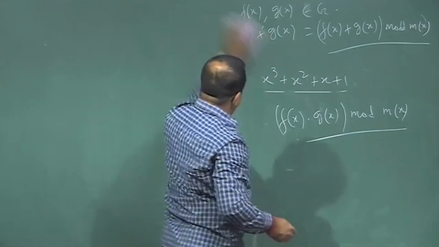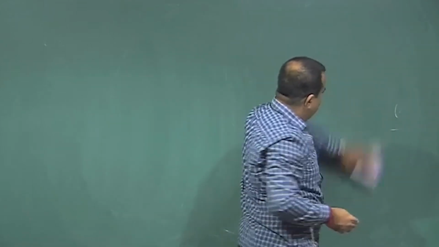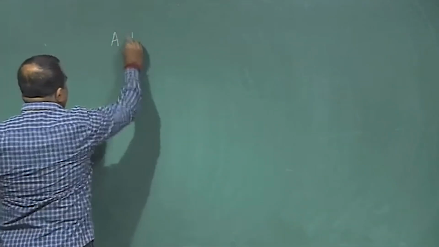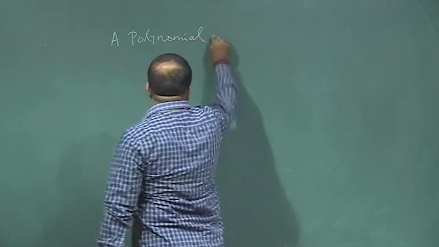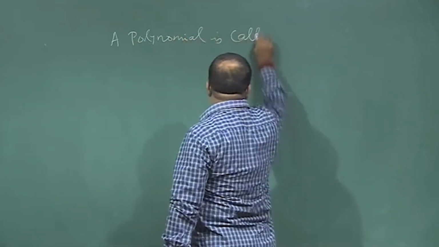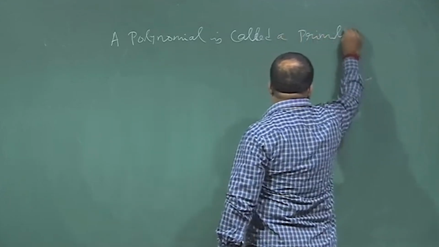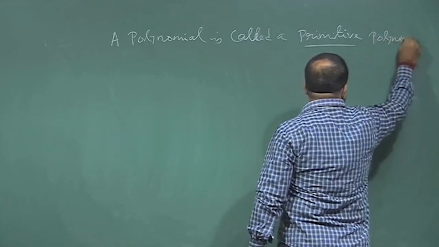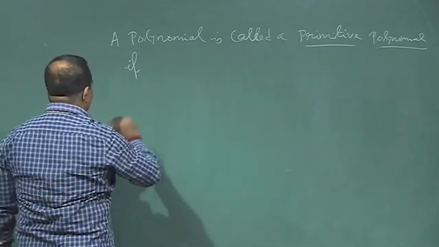We know the Galois field is a group under both multiplication and addition. Now, a polynomial is called a primitive polynomial if it is a generator of that cyclic group.